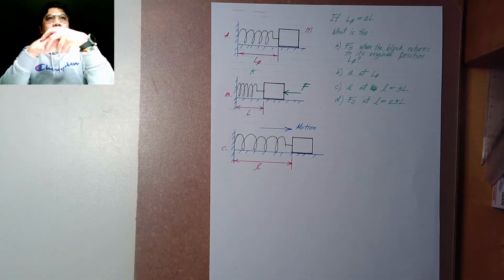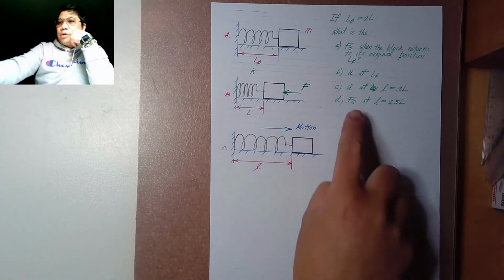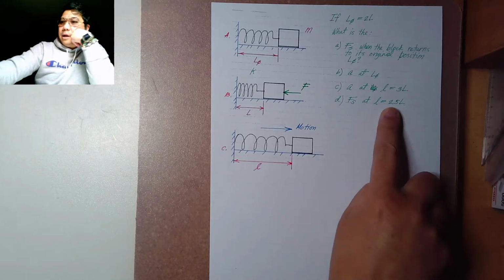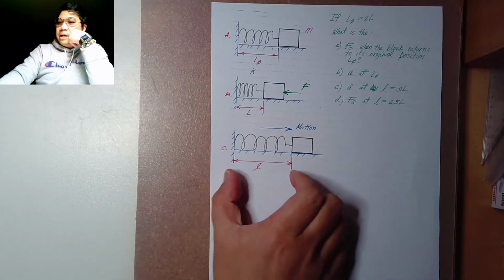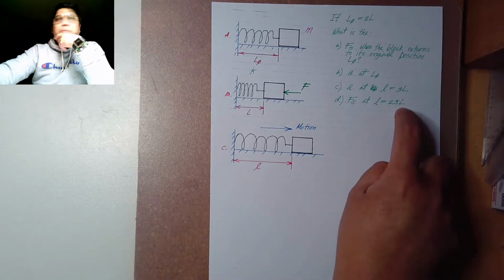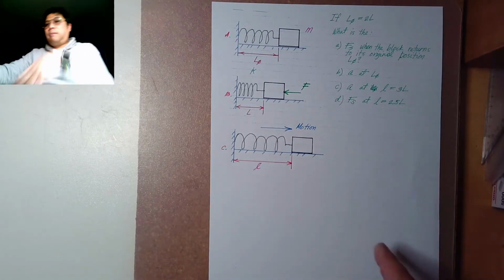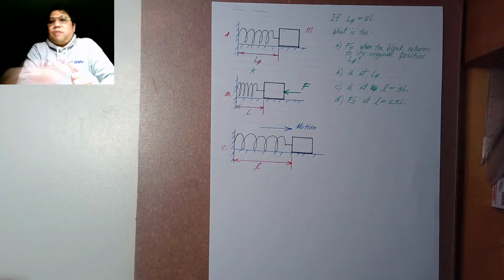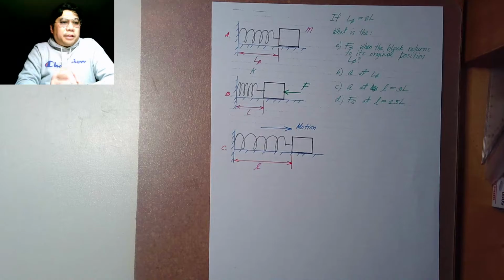And last but not least, what is the force of the spring when it reaches an L that is 2.5 L away from the point where it is connected to the wall?